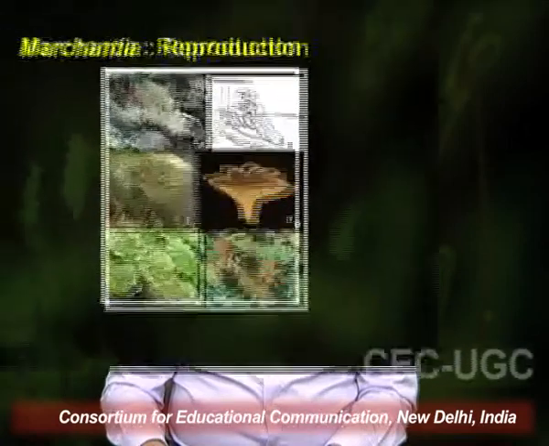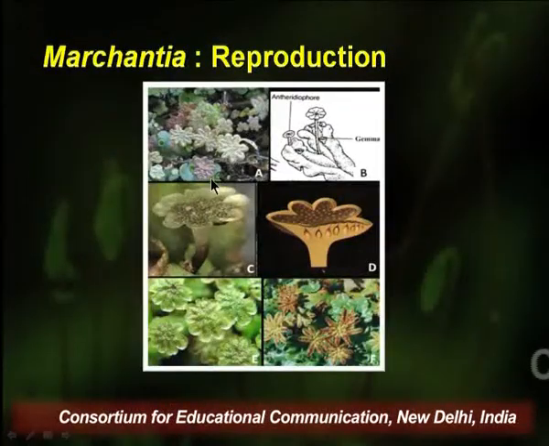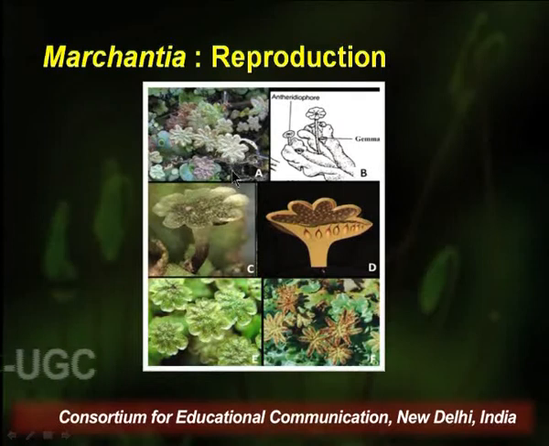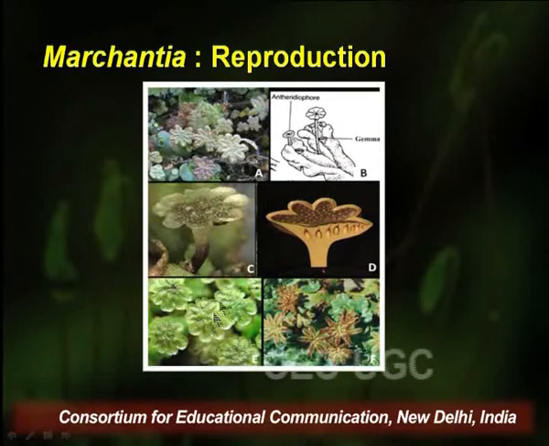Here in this picture you can see the antheridial branch, the antheridiophore, which has a disc-shaped structure. This disc-shaped structure has 8 lobes. On these radial 8 lobes, antheridia are borne.